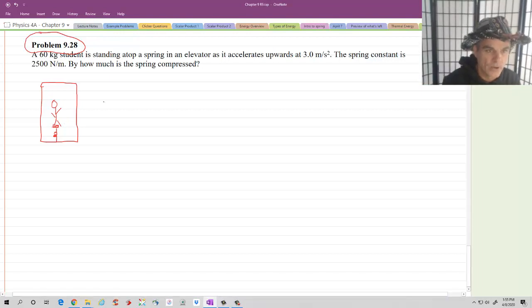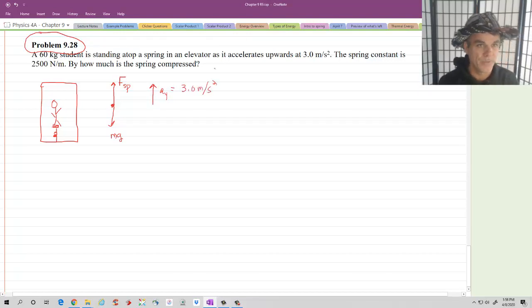Okay, so if I draw a free body diagram, I have two forces. I've got the force of the spring straight up, and I've got the force of gravity, mg, straight down. And this guy is accelerating upwards at 3 meters per second squared. Now, one thing about this in terms of free body diagram, let me just redraw this.